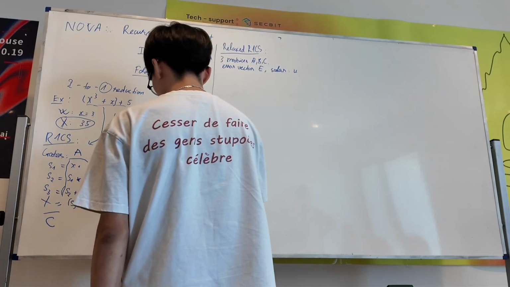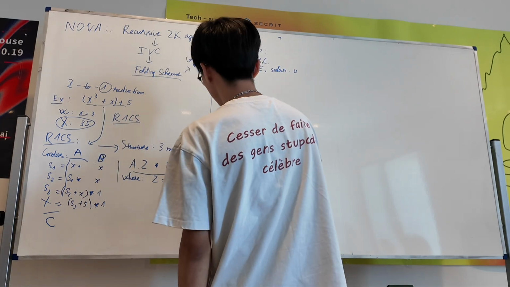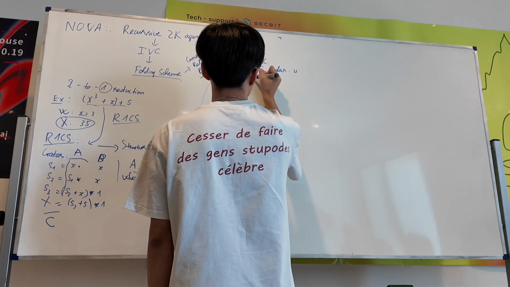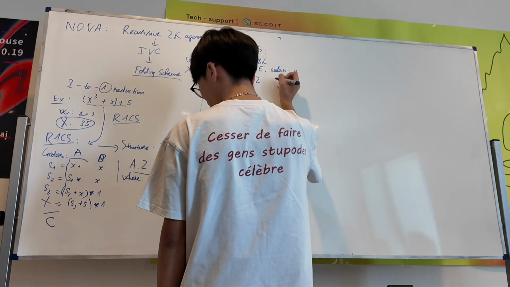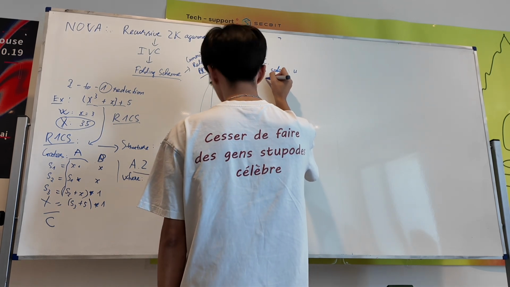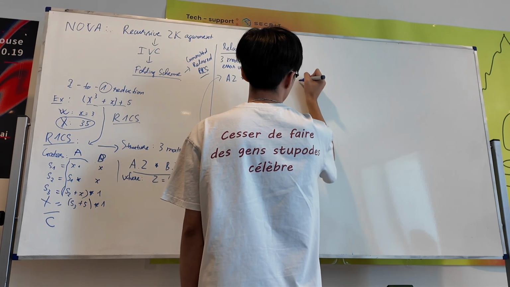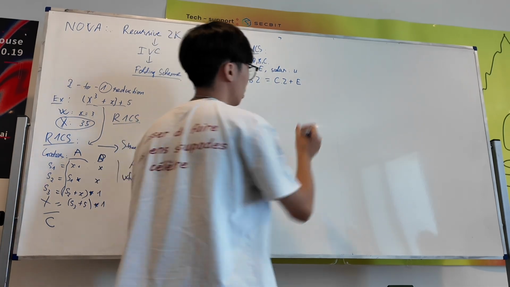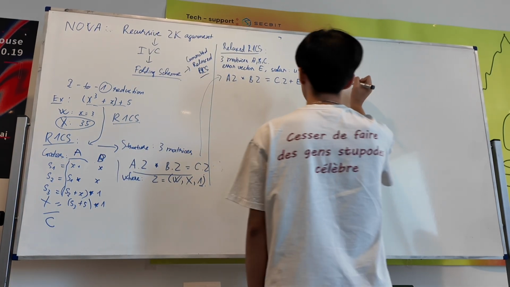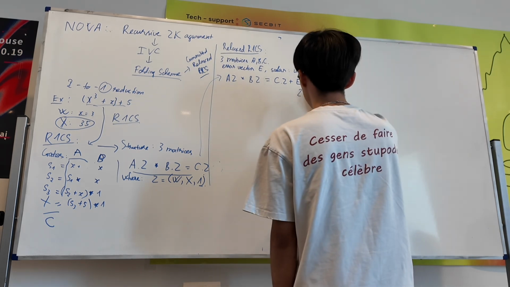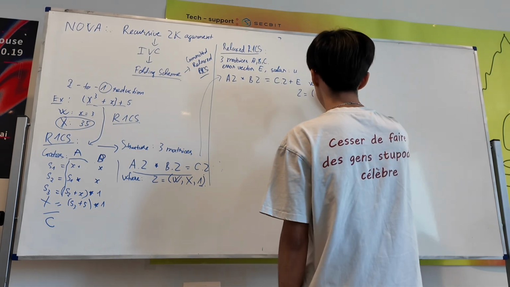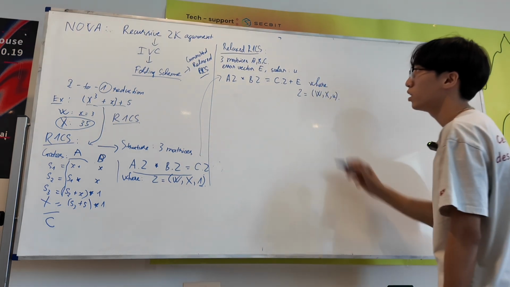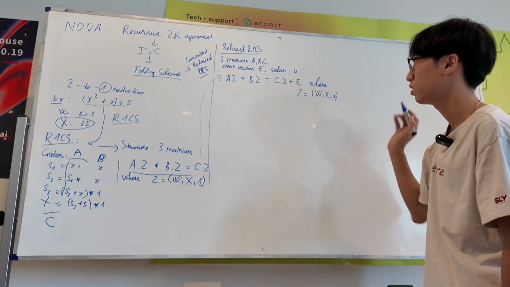So the equation here turns into AZ times BZ equals CZ plus E, where Z equals W, X and u. So here is relaxed R1CS.